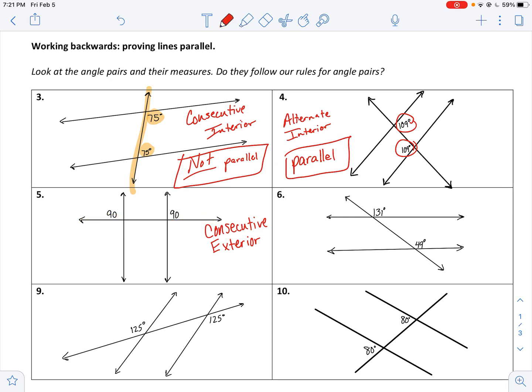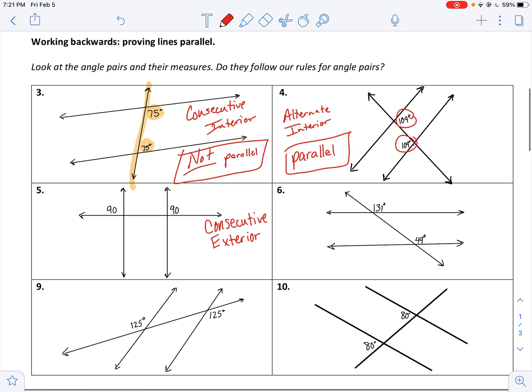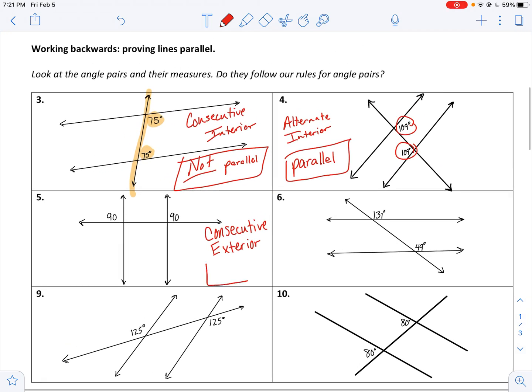Those are consecutive exterior. And my consecutive angles, whether they're consecutive exterior or consecutive interior, should add up to 180. And this is 90 and 90. And since they do add up to 180, that means that they follow my rule. And these lines are parallel.